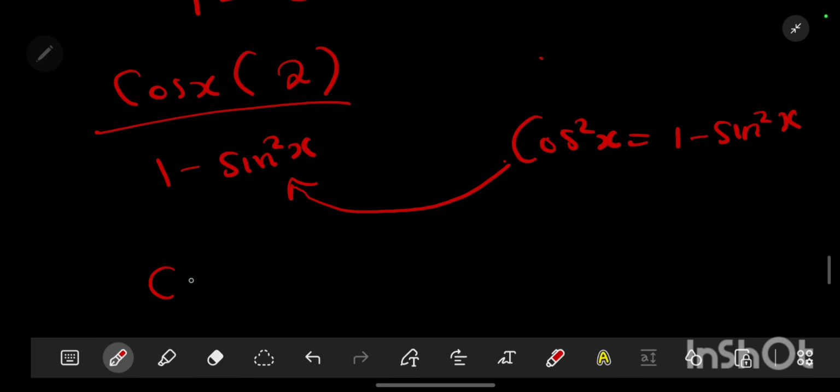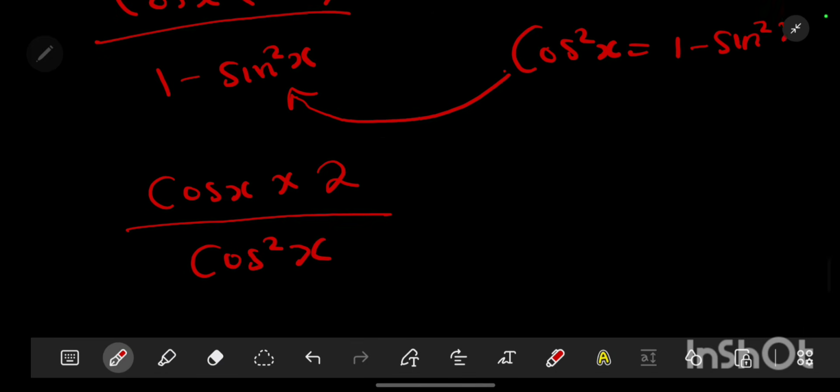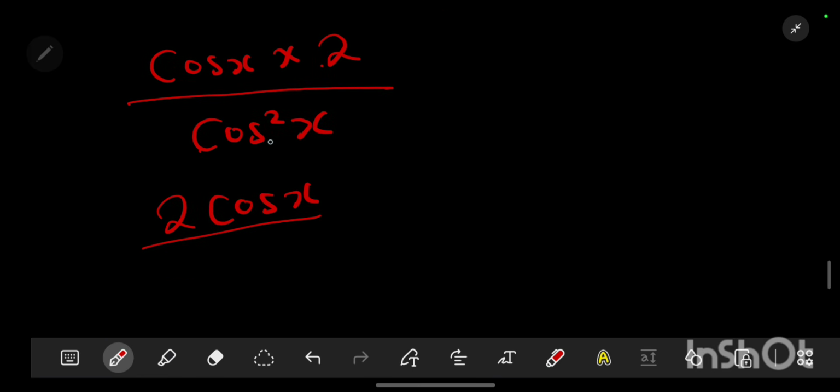So we have our cos of x on top by the 2, then over 1 minus sine squared x, which is cos squared x, like that. So this gives us 2 cos x over cos squared x, which is the same as cos x times cos x.